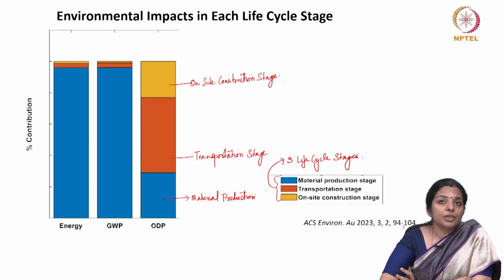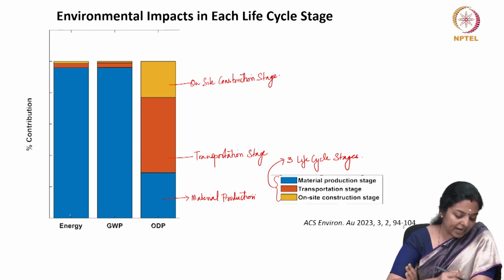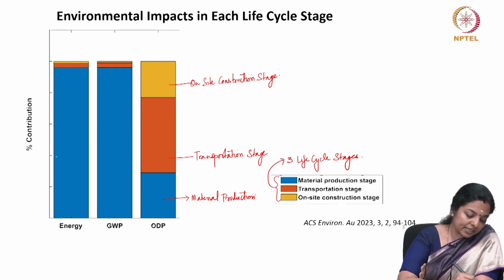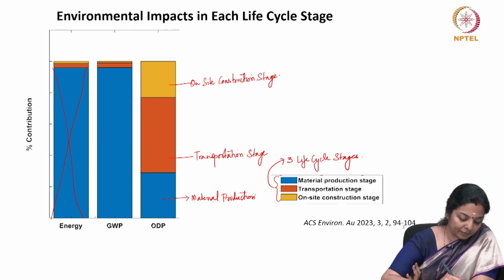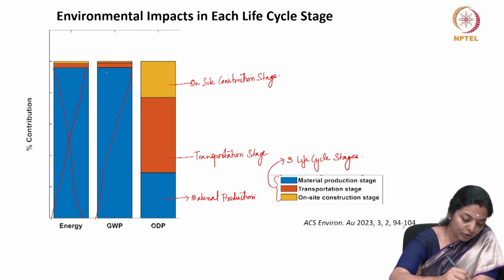The contribution of the material production is highest when it comes to the energy category. You can see here in the energy category, the material production stage contributes highest to the impact, and so is the global warming potential stage.